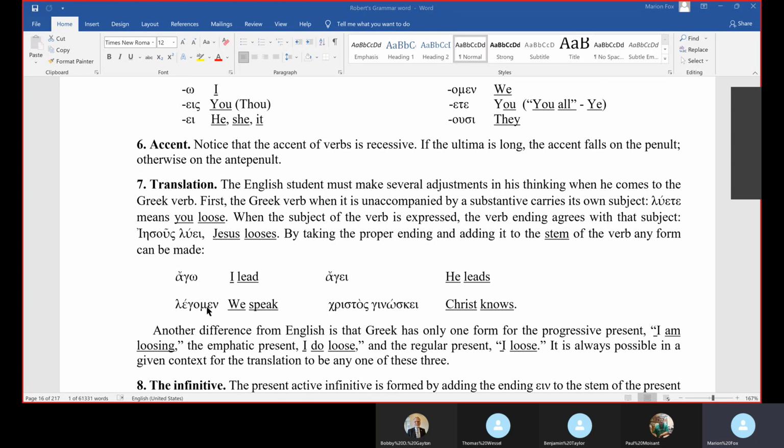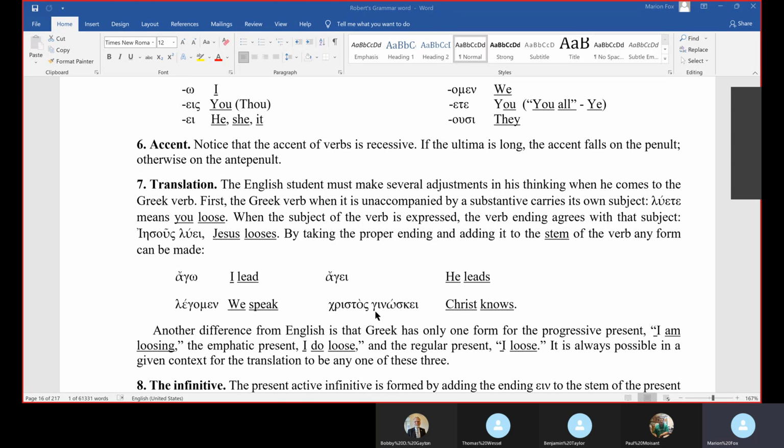Change the omen right here to an ete, and it would be you plural speak. Change the omen to an usi, see a diphthong, usi, and that would be legusi. That would be they speak. Any questions?